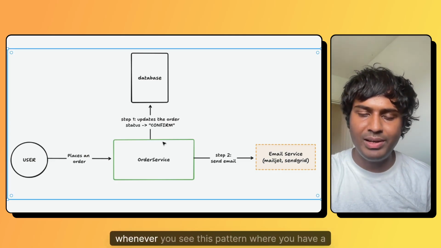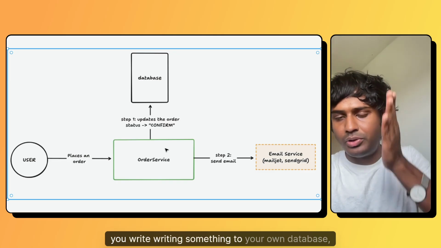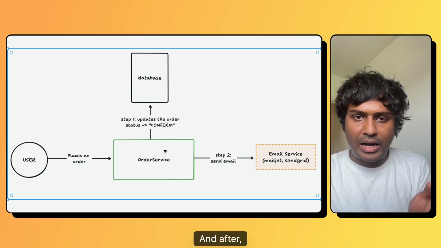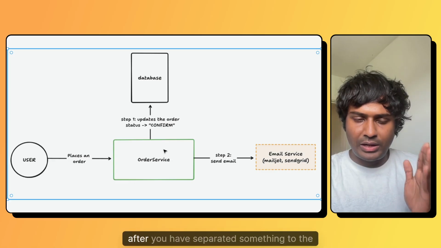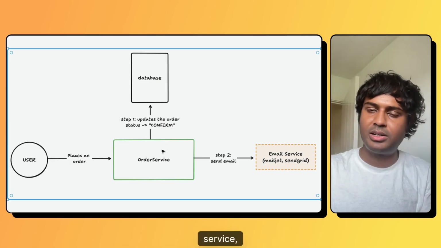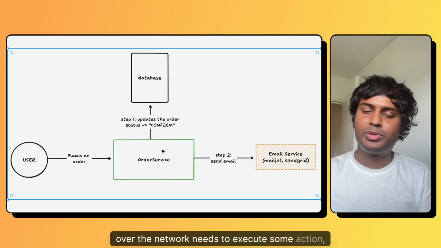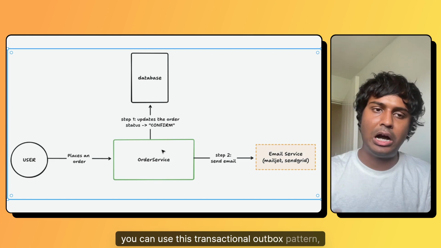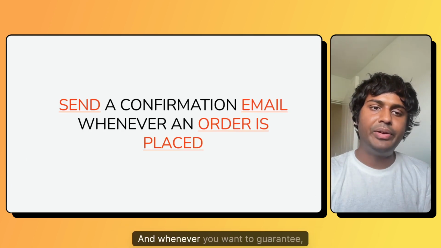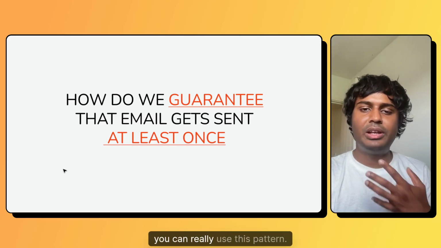So whenever you see this pattern where you have a service, you're writing something to your own database, and after writing to the database you want to guarantee that some third party service over the network executes some action, you can use the transactional outbox pattern. And whenever you want to guarantee at-least-once semantics, you can really use this pattern.